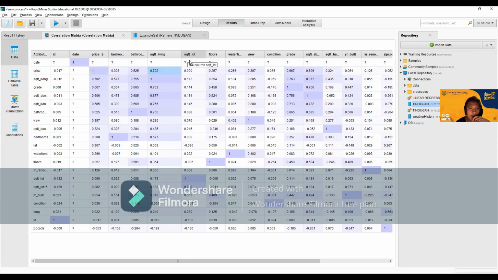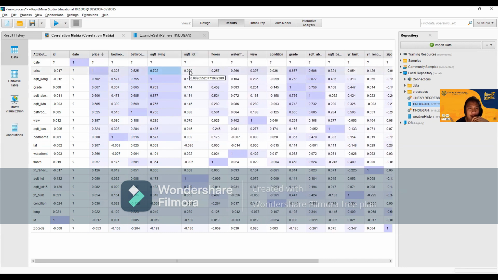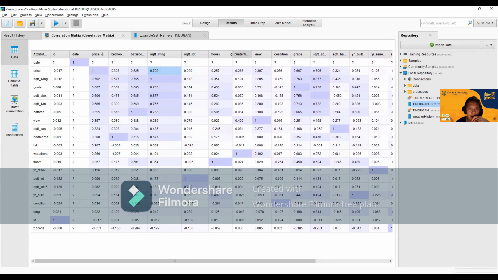But for the square foot lot, it is 0.090, so there is no relationship with the price. For the floor, I think this is not a good relationship with the price because it is 0.2.